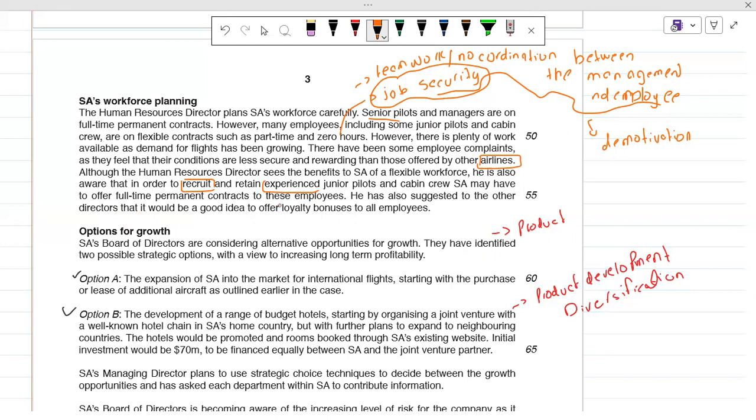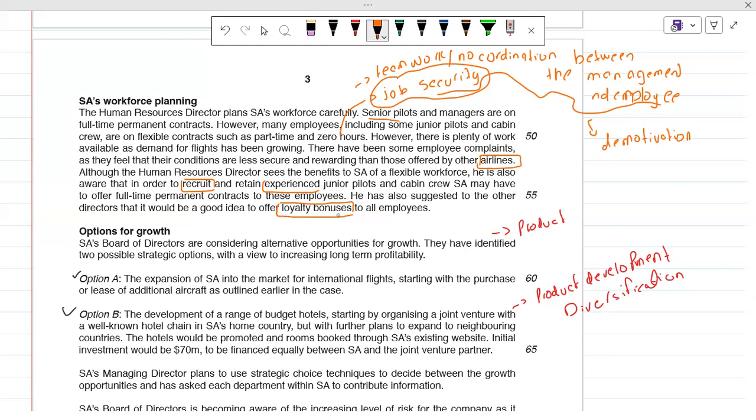But it depends on what amount they would offer. If it is very little, the loyalty bonus will not motivate the employees, so it depends on how much they are going to offer.